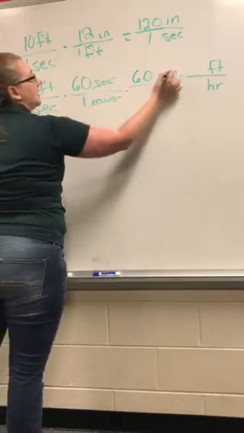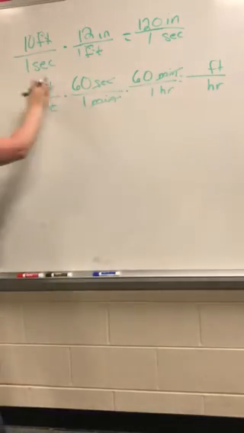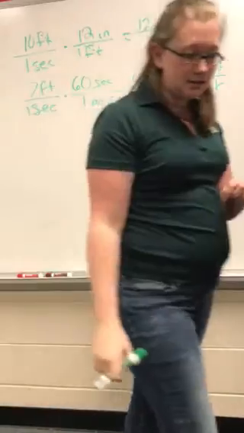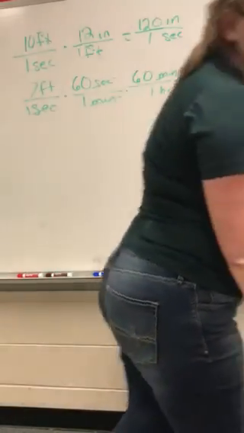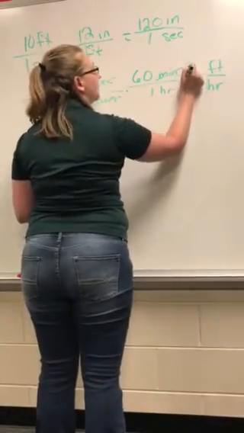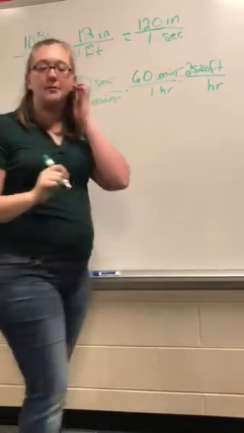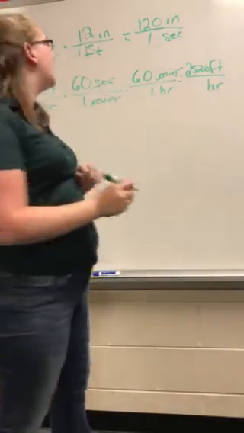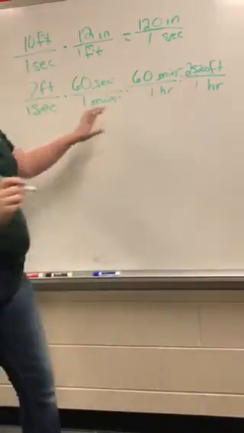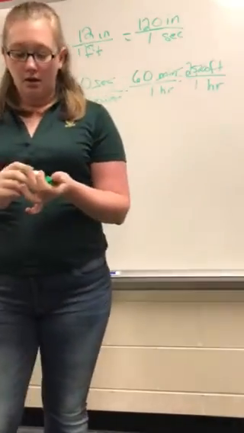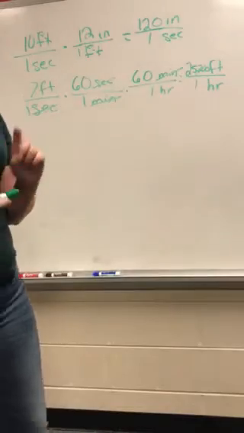My minutes cancel here. 7 times 60 times 60 is 25,200. Check it out in your book because I've written really small. In 1 hour. 1 times 1 times 1.